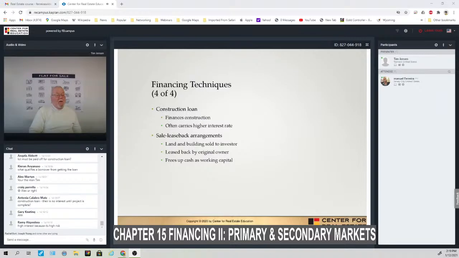The lot must be paid off for a construction loan. Yeah, nobody's going to give you money to borrow to buy vacant land, nobody that I know of. Construction loan, there is interest until the project is complete. Yes. High interest because of higher risk. Always. Yes, you got it.